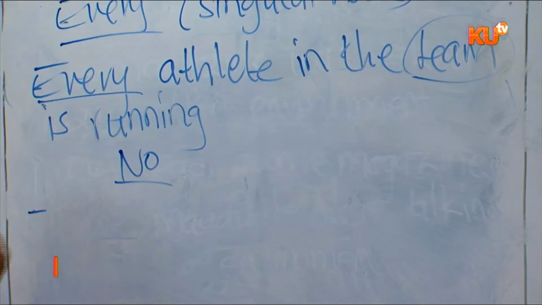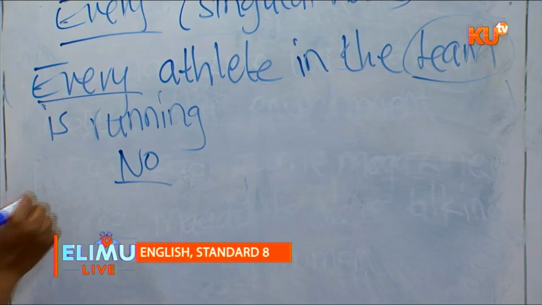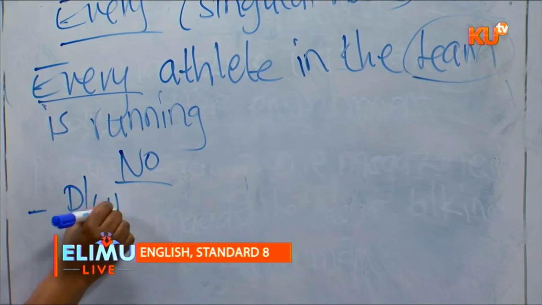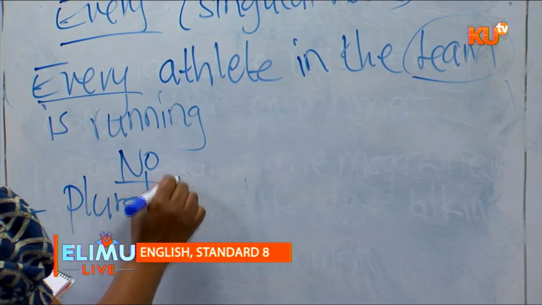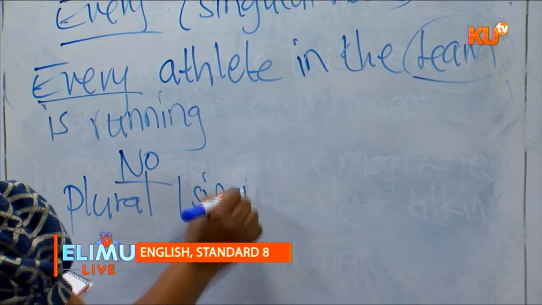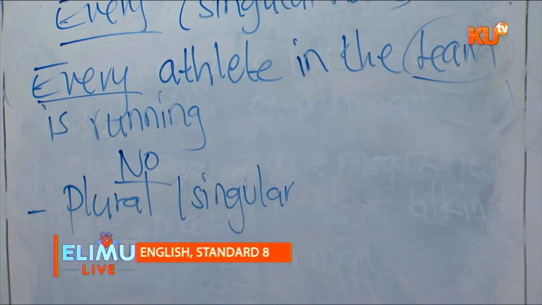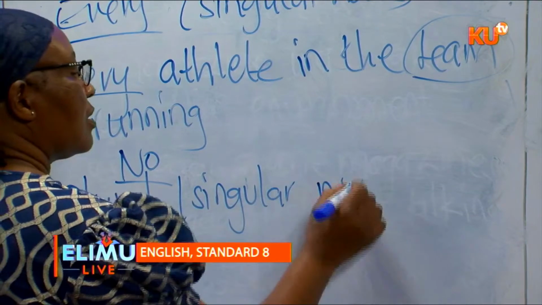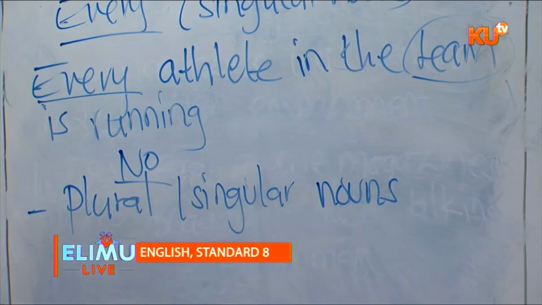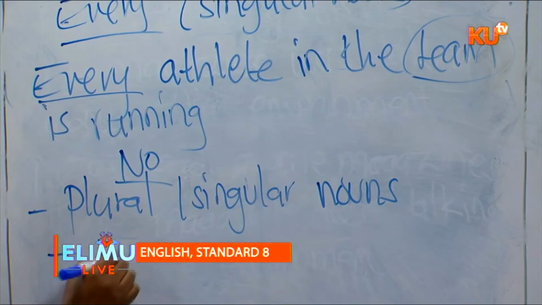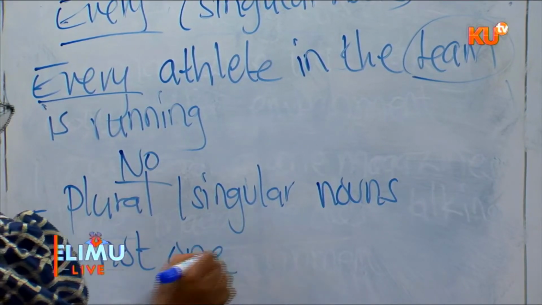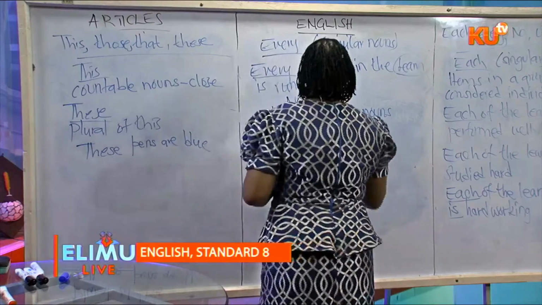So determiner no is used with plural or singular nouns, and it means not one or none.